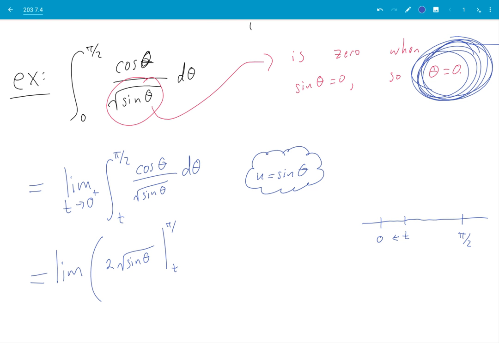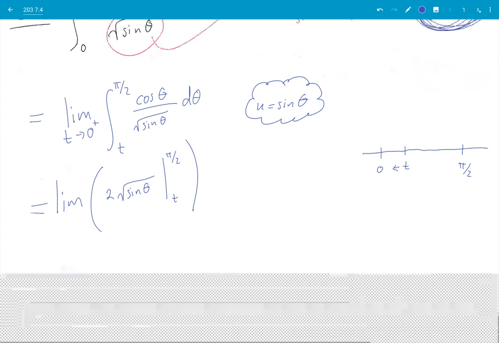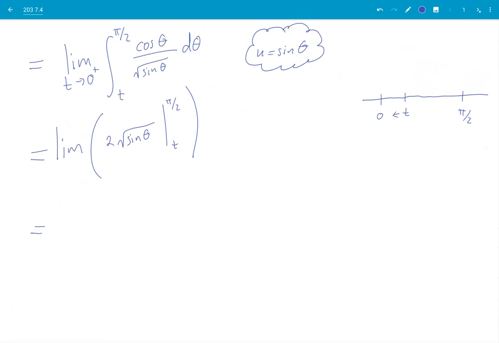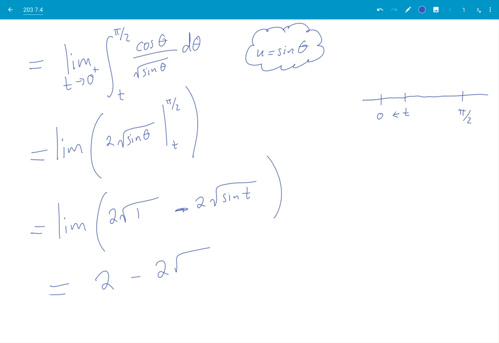Evaluated from t to pi over 2. So that's 2 root sine of pi over 2, which is 1, minus 2 root sine t, which is 2 minus 2 times 0, which is 2.